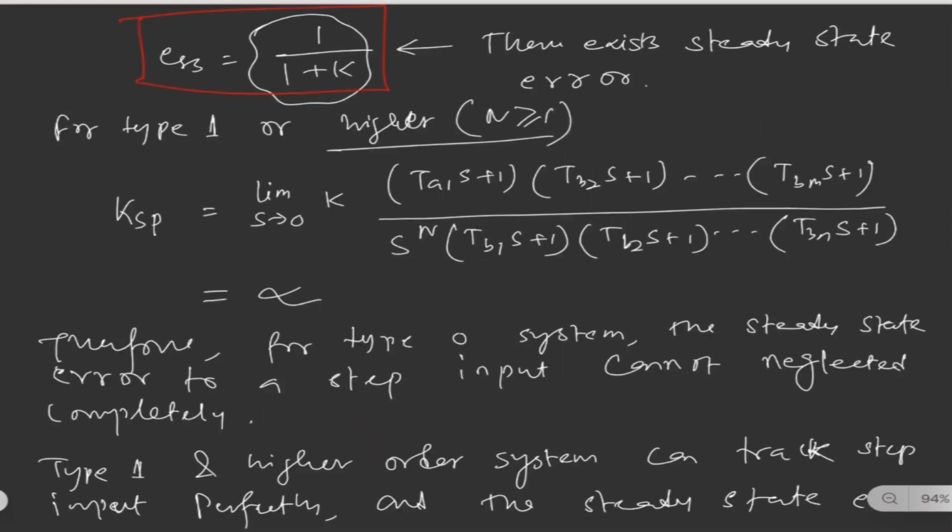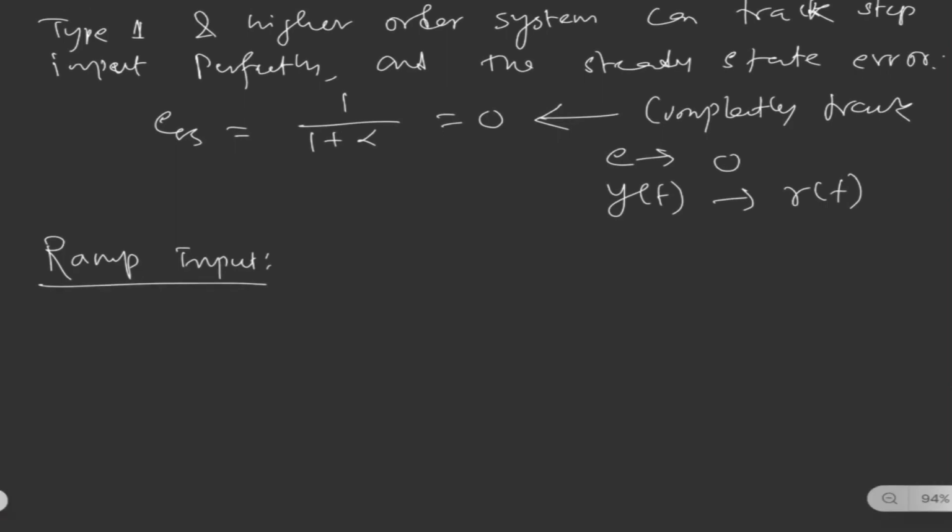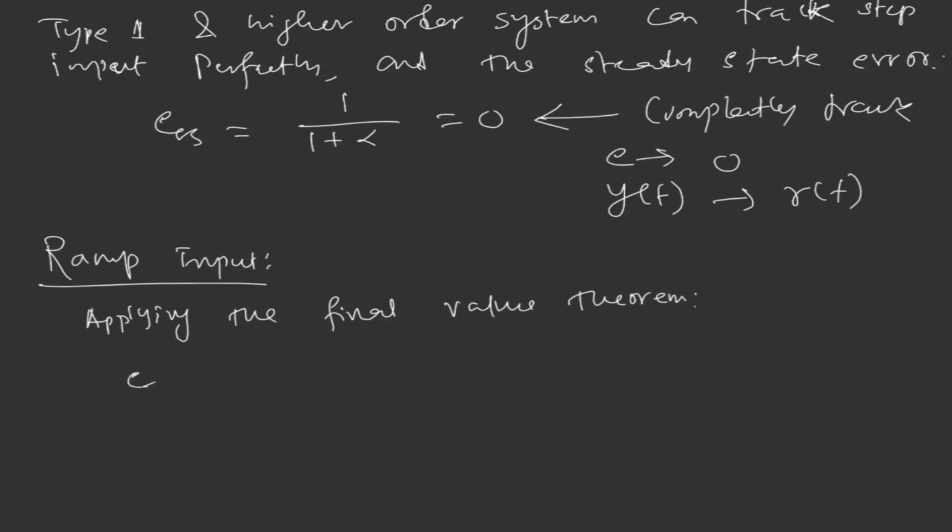Now let's look at the ramp input. If you're having ramp input in the system, what will happen? Applying the final value theorem, we can write ESS equal to limit s tends to 0 of s by 1 plus g naught s into R(s).